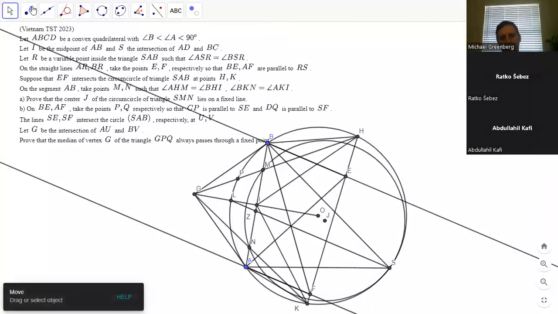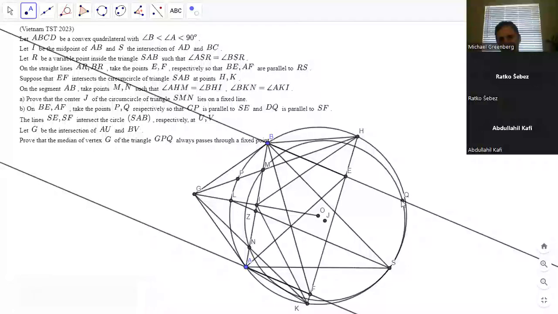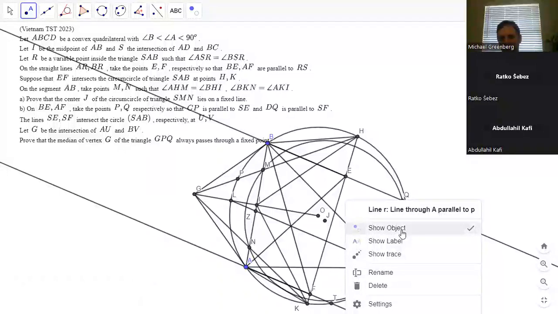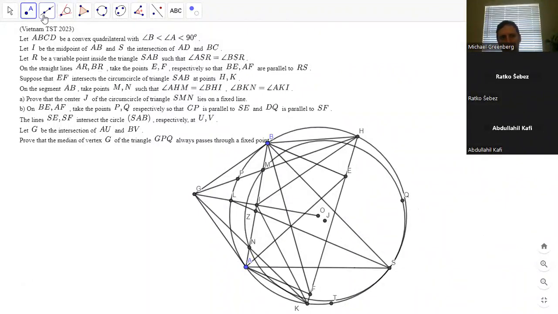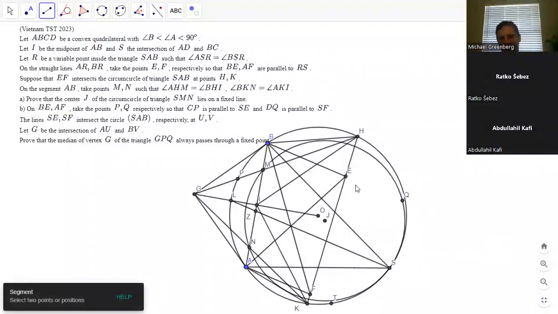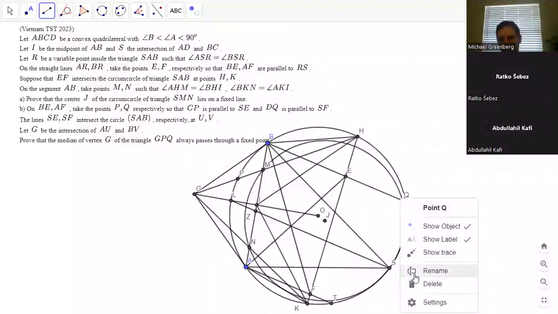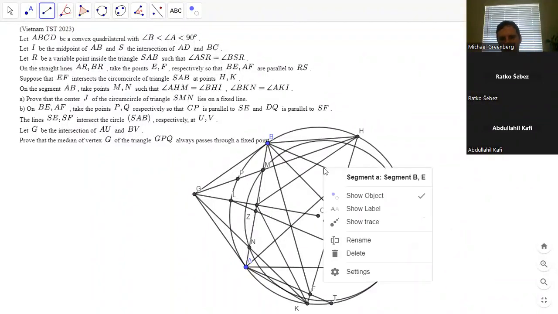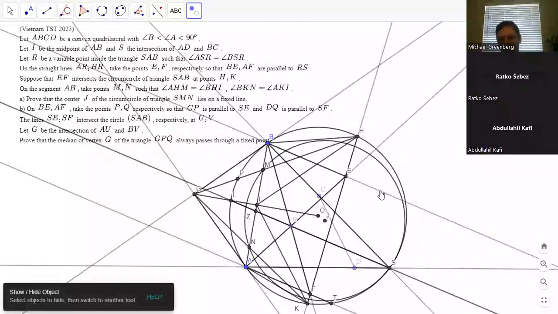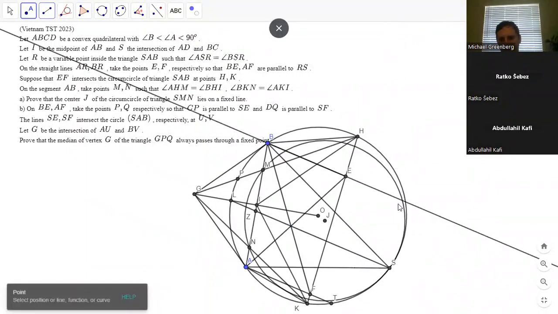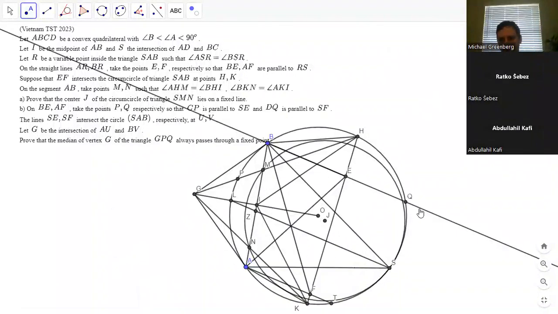Those two arcs are equal, and then that would mean QS equals ST. Oh, I should have let it intersect the big circle. Let's delete that. Yeah, QS equals ST.